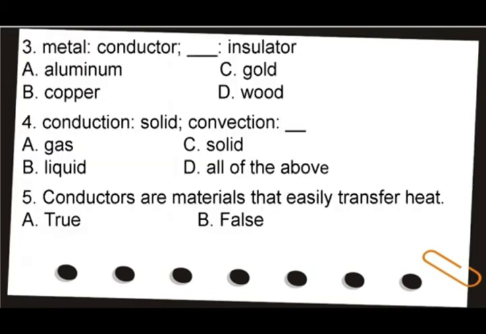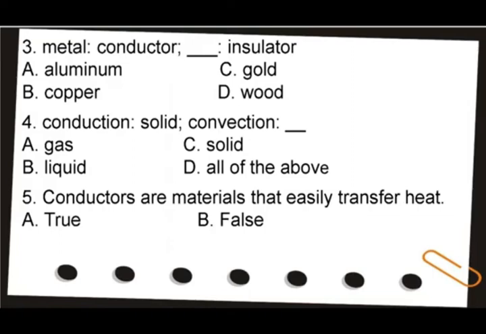Number 3. Metal is to conductor, as blank is to insulator. Letter A. Aluminum. Letter B. Copper. Letter C. Gold. Letter D. Wood. If your answer is letter D, wood, your answer is correct.